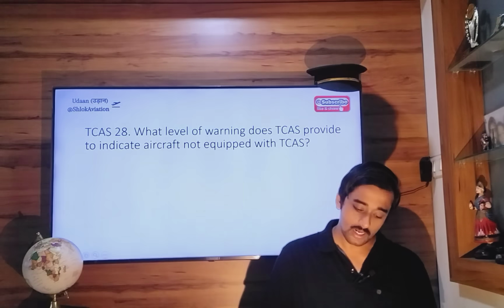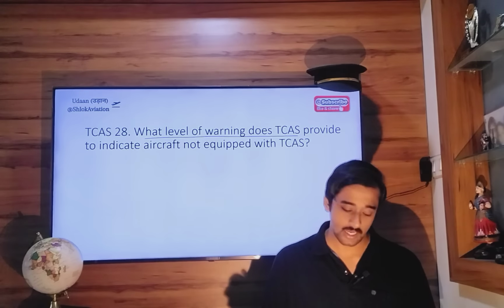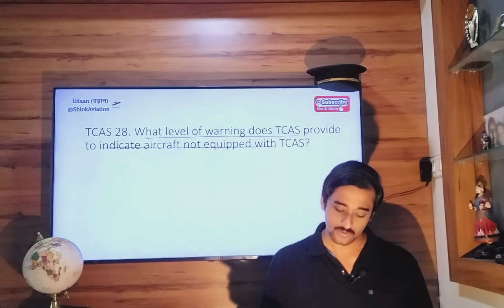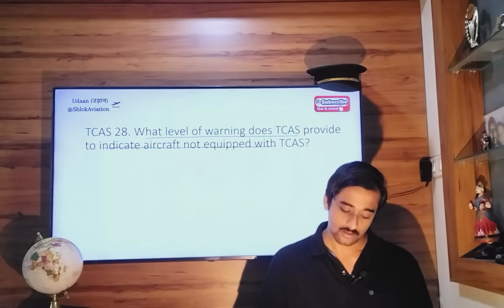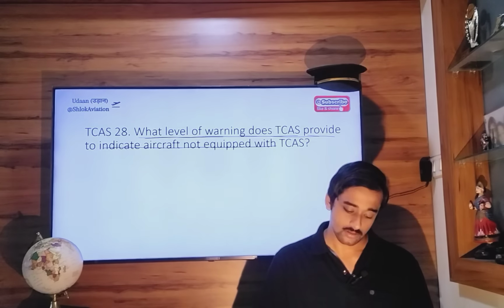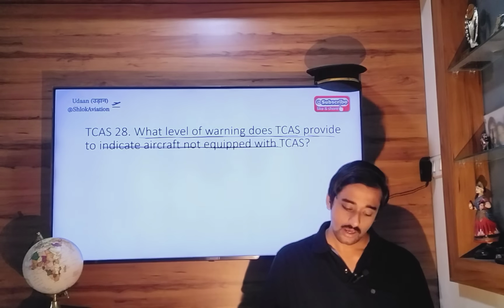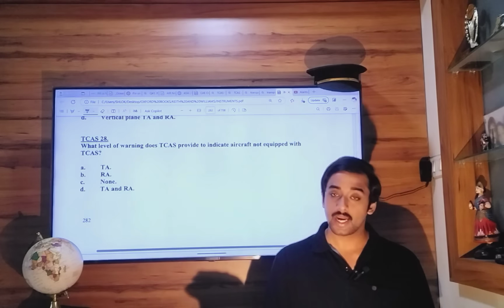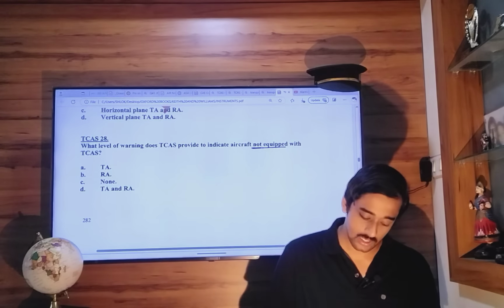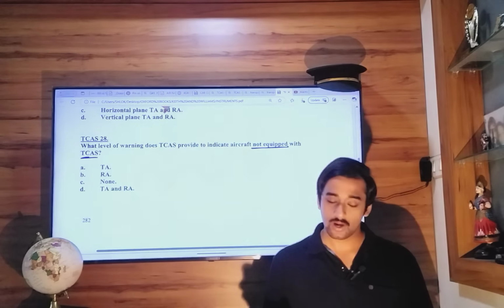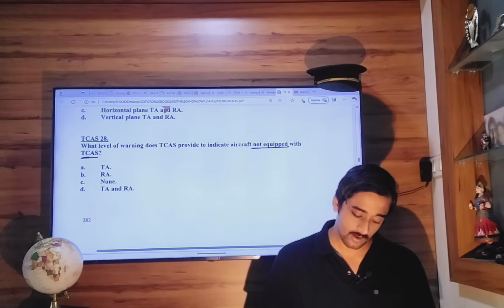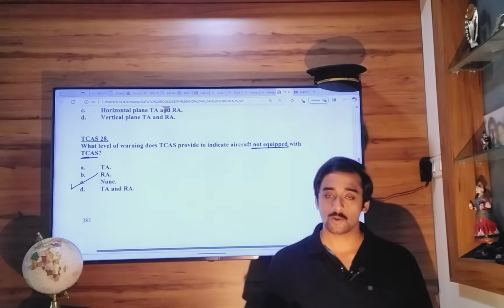Next. What level of warning does TCAS provide to indicate aircraft not equipped with TCAS? Traffic advisory, resolution advisory, traffic advisory and resolution advisory, none. So the correct answer is option Charlie.